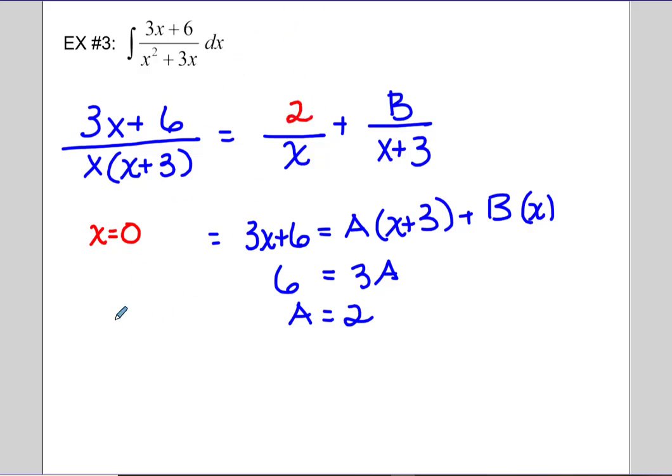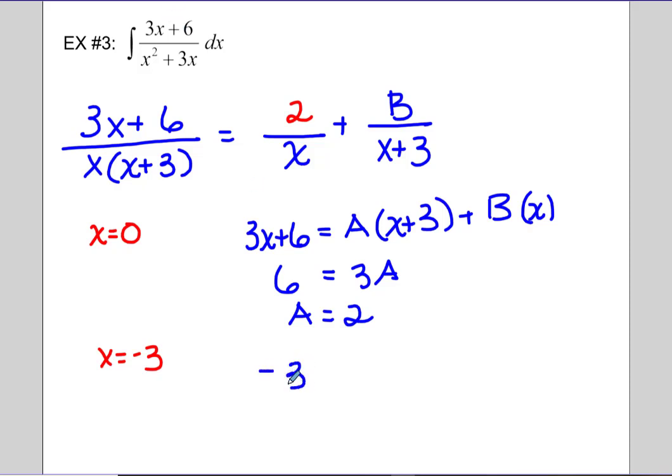And then if we eliminate the other term with the -3, that gives us 3x plus 6. So x, 3 times negative 3, that's -9 plus 6.